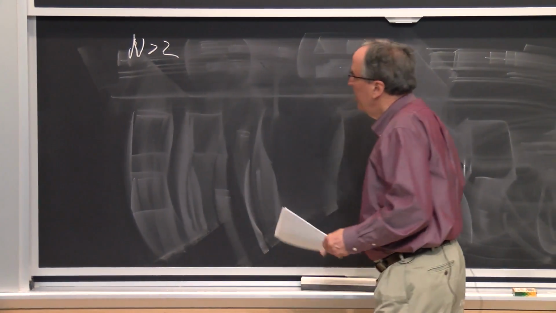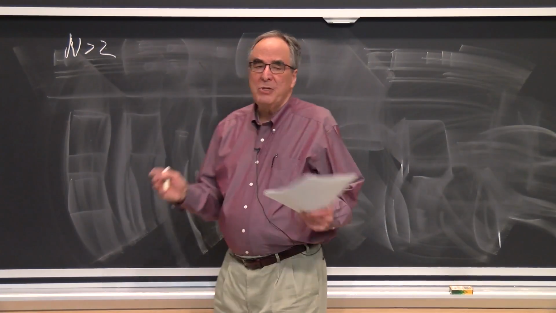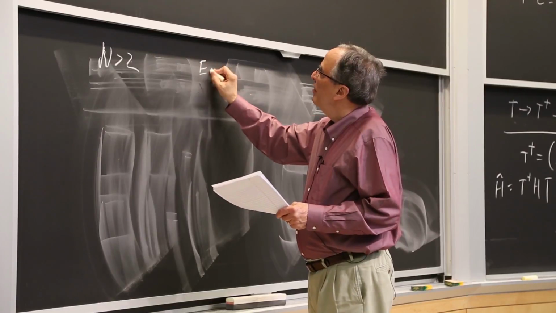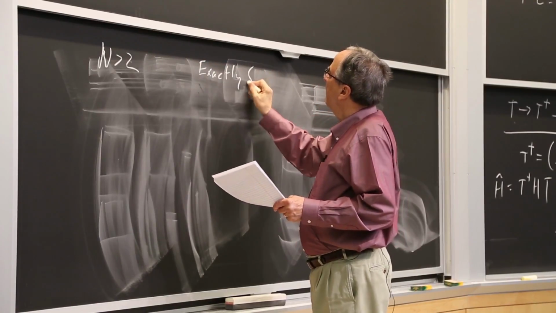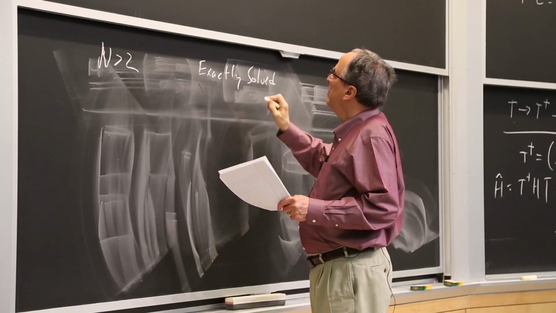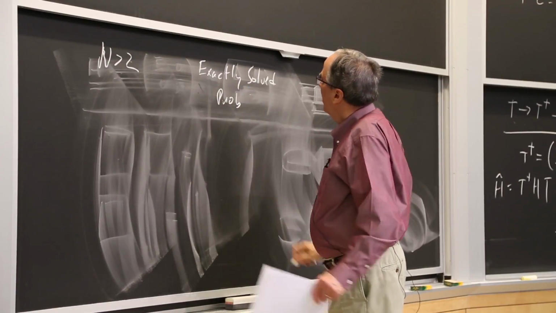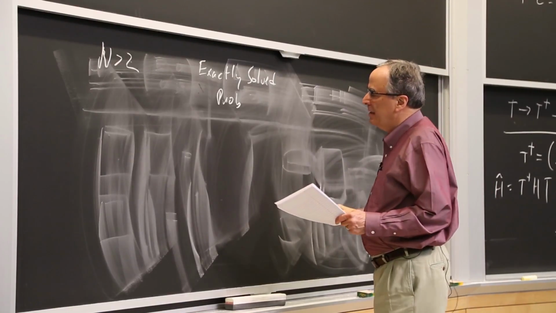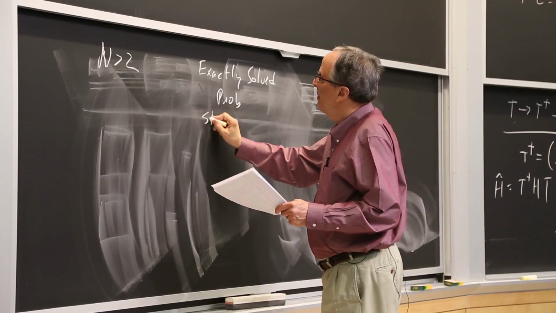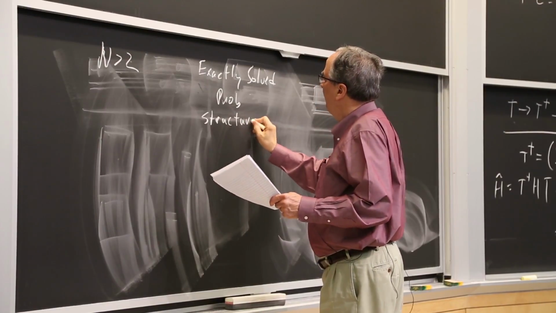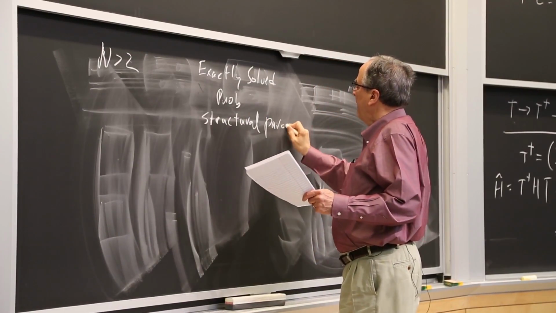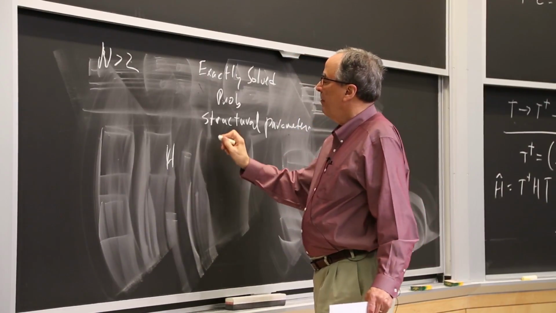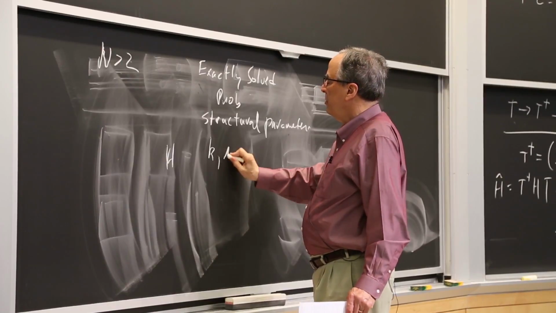Okay, but now the point is we have the machinery in place. We have exactly solved problems. And we have the key parameters for exactly solved problems. So for the harmonic oscillator, we have the force constant and the reduced mass.